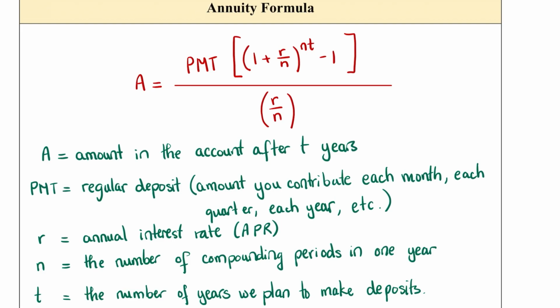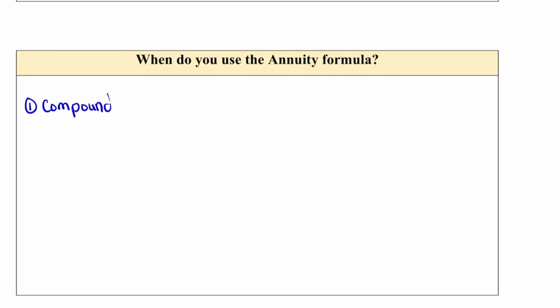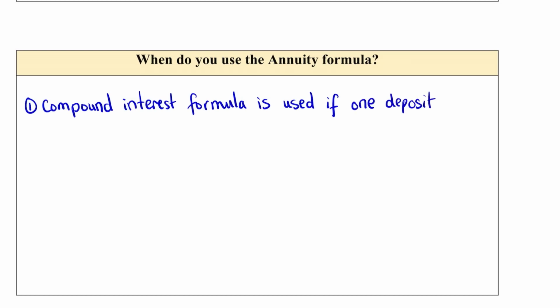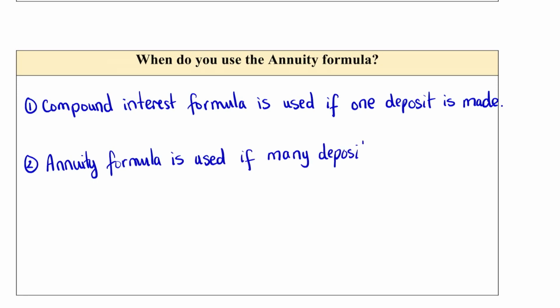The disparity lies in how contributions are made to the account. When numerous regular deposits are made, the annuity formula is used. Conversely, when a single deposit is made, the compound interest formula is used. Compound interest is used if one deposit is made. Annuity formula is used if many deposits are made.